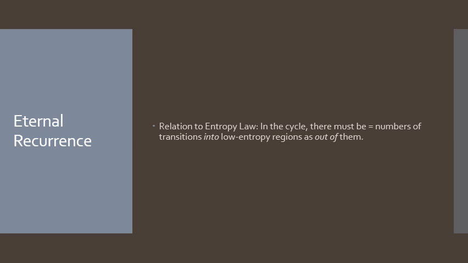To think of it in terms of a simple analogy, if you have something moving around a circle over and over again, and it moves into a particular arc of the circle, every time it moves into that arc, it subsequently moves out. There is exactly the same number of transitions into the arc as out of the particular arc.